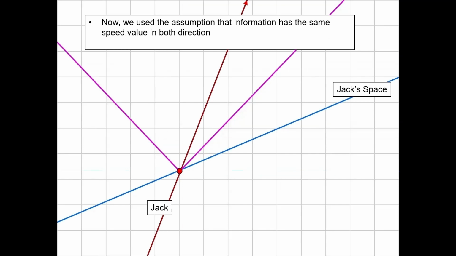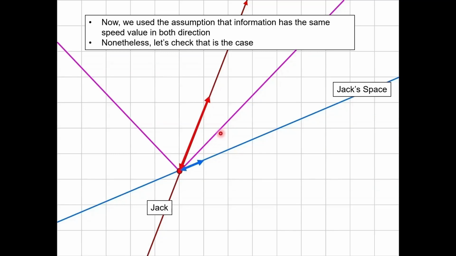Now we use the assumption that information has the same speed value in both directions, that it takes the same amount of time to get to a reflecting point as it takes it to get back. But nonetheless, let's check that that is the case. Here we have Jack and Jack's space at this point of time, and Jack does his calibration procedures and defines this arrow as being 1 unit of distance, and defines this red arrow to be 1 unit of time.